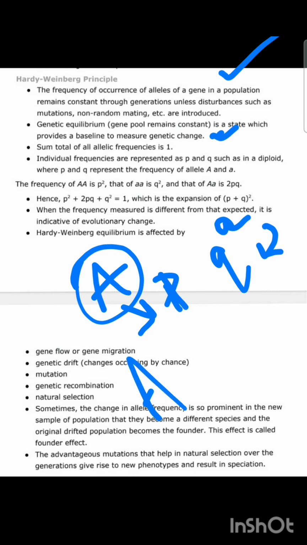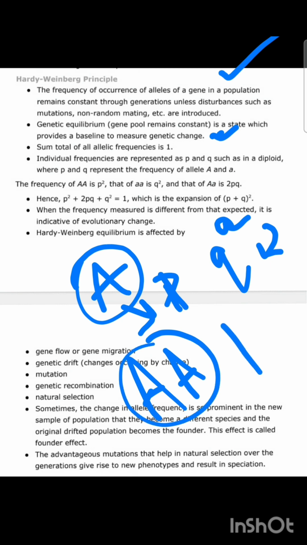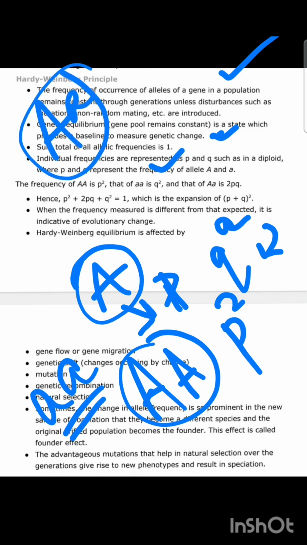The frequency of homozygous dominant, capital AA, is p square, and the frequency of homozygous recessive, small aa, is q square, and in the heterozygous condition, capital A small a, the frequency is 2pq. Hence p square plus 2pq plus q square equals 1, which is the expansion of (p plus q) square.